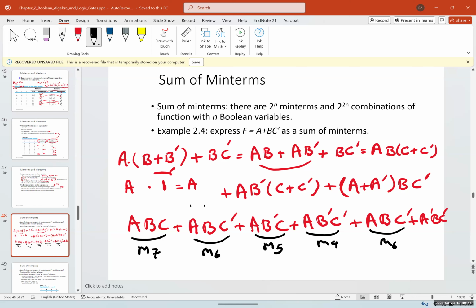And a prime b c prime, which is 0, 1, 0, which gives us M2. So we can write F as equal to the summation. One way to write it is like this: 2, 4, 5, 6, and 7.